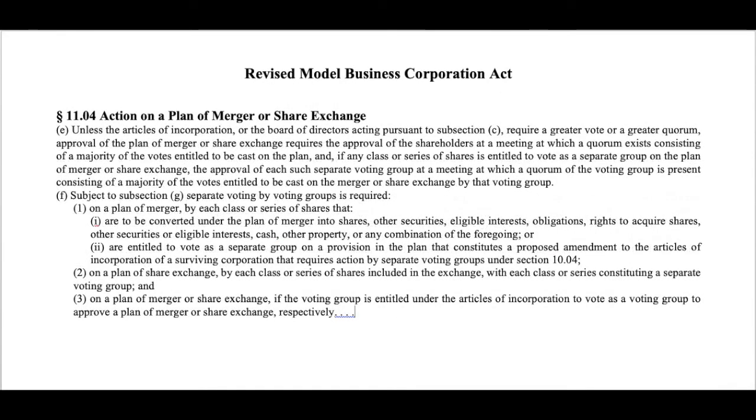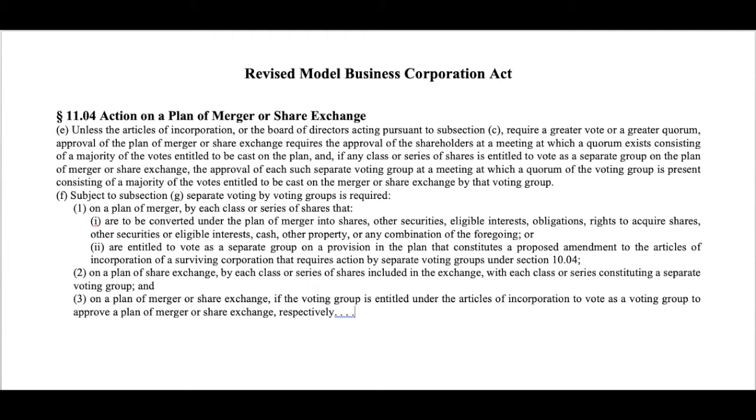As I implied, there are certain special rules that apply to shareholder voting. First of all, under sections 11.04(e) and (f), we're told initially that unless certain other provisions apply, approval by the shareholders means approval by a majority of those present at a shareholder meeting at which there is a quorum, and a quorum exists of a majority of votes entitled to be cast on the plan.